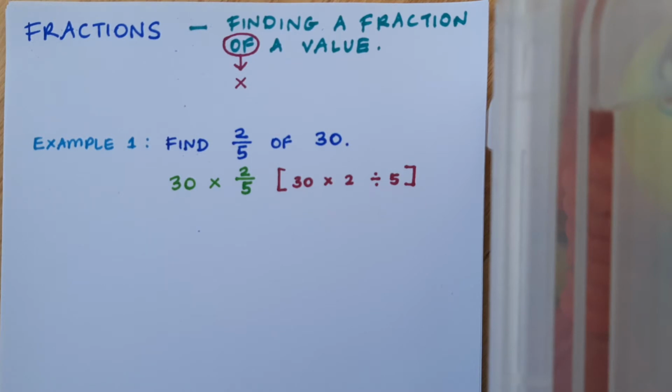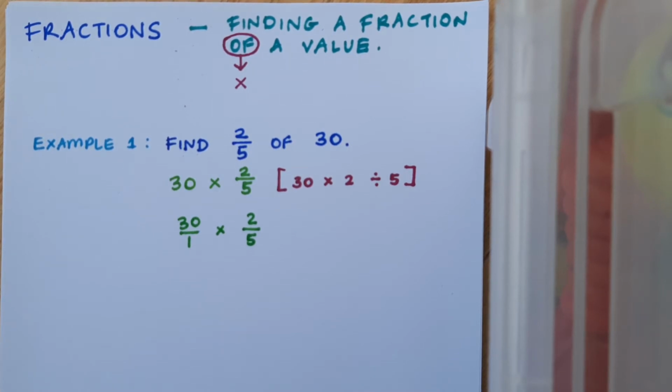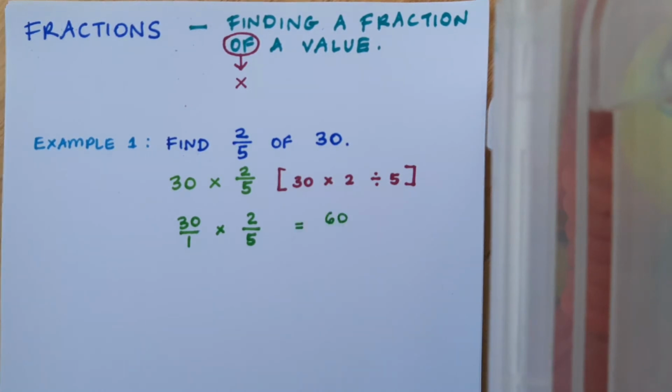But I'm actually going to take a slightly different approach, and I'm going to write my calculation as 30/1 times 2/5. So I've just changed that 30 into a fraction by putting it over 1, and I can do that with any whole number. To get my solution, I'll just multiply the tops together and then multiply the bottoms together. The tops multiply to give me 60.